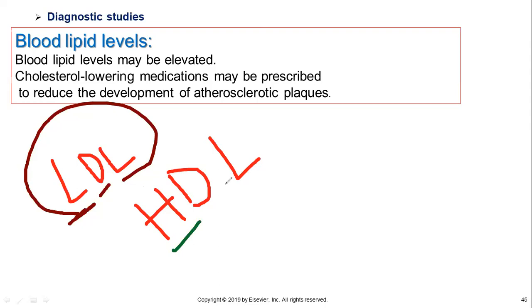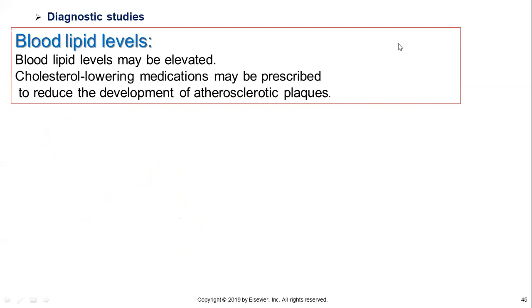The patient who has ischemic heart disease or coronary heart disease, usually low density lipoprotein goes up and high density or HDL goes down, right? In that case, the patient basically needs cholesterol lowering medication.